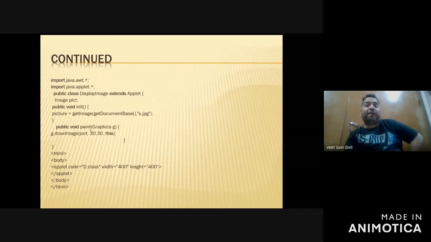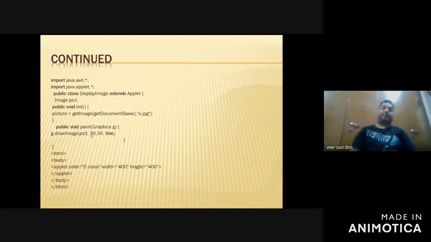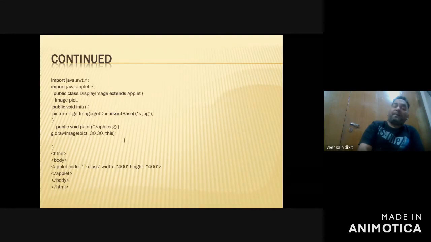Now public void paint, and the picture will be drawn with g.drawImage. Again this method is in graphics, and at the given coordinates this will be drawn. So basically you are just including an image in your web applet with this code.